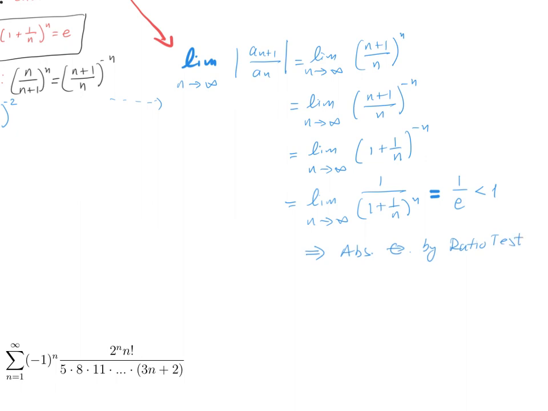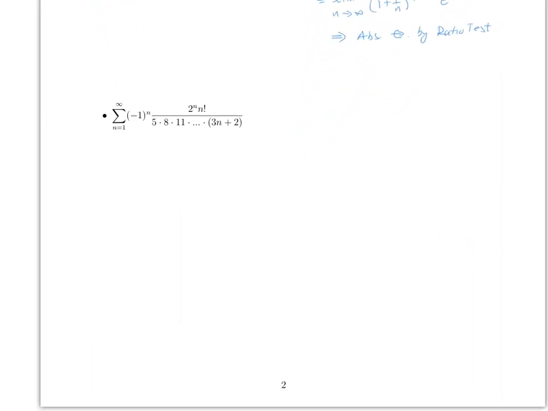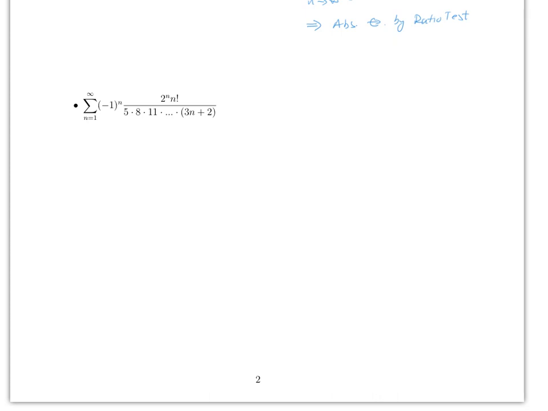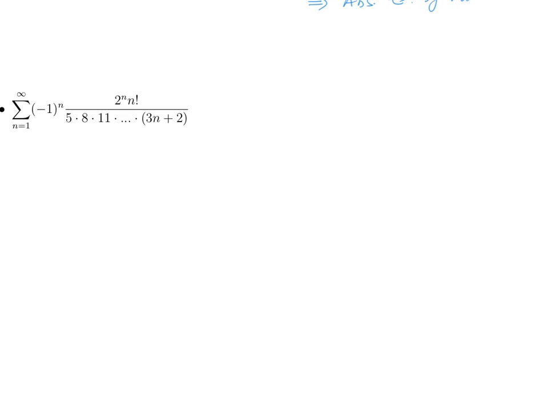Okay. All right, so let's try another example. Remember that anytime you have the factorial or a bunch of multiplications like this or products, the best choice is the ratio test. Okay, so in this case, we have the a n is this.